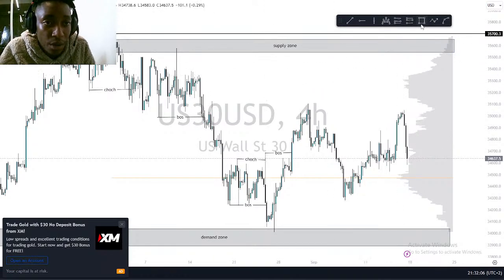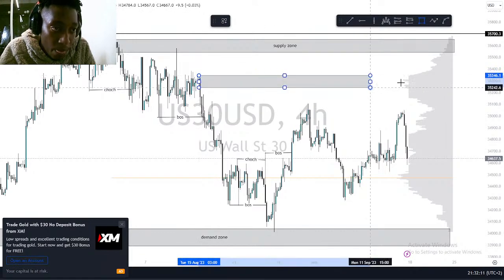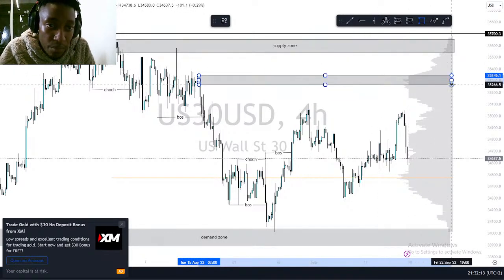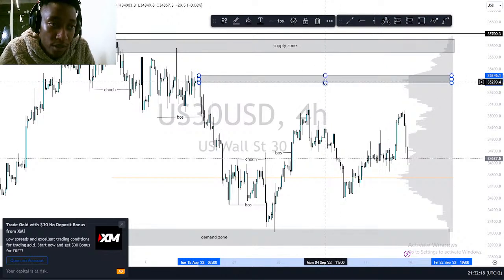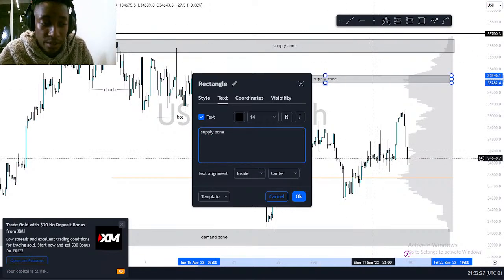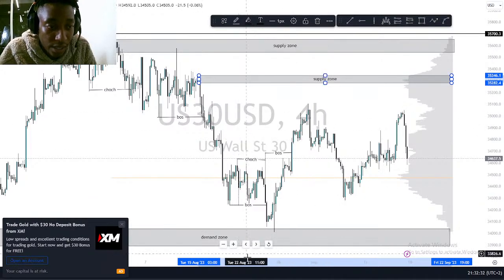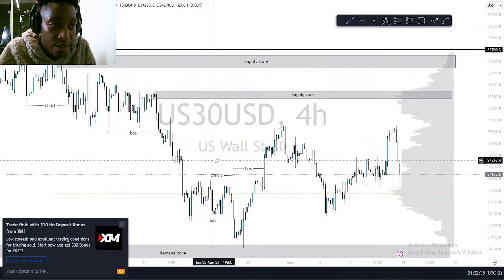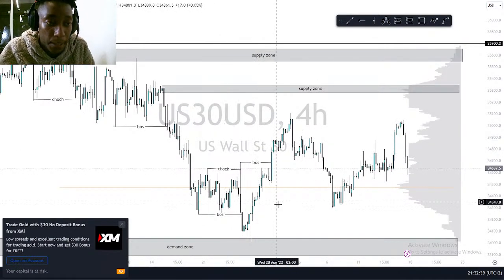Our untested supply zone is this last bullish candlestick before the push to the downside. That zone has never been tested, meaning that supply zone is still fresh for us to keep our eyes on, you understand?